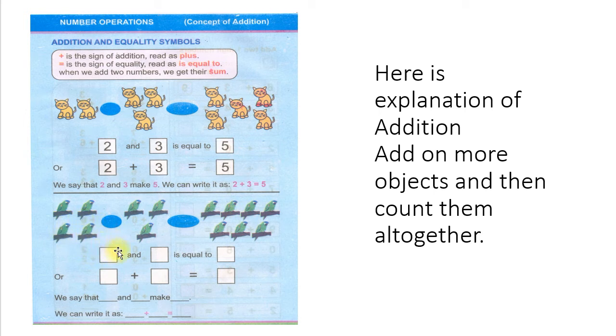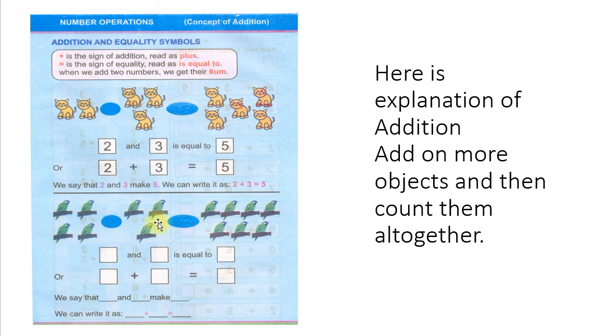Okay, here is one more activity. Count how many parrots are there. 1, 2, 3, 4. We write 4 here and also here. 1, 2, 3. 3 parrots. We write 3 here and 3 here. Is equal to. Now both are equal to this.